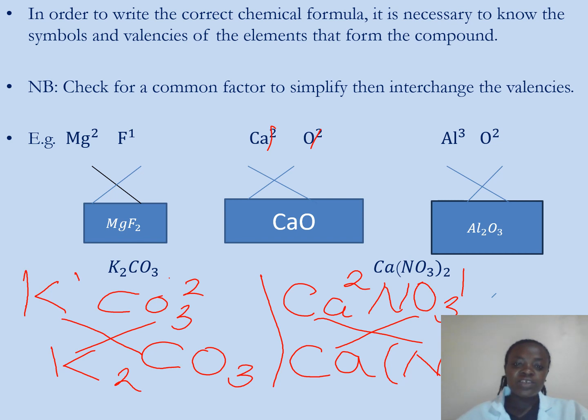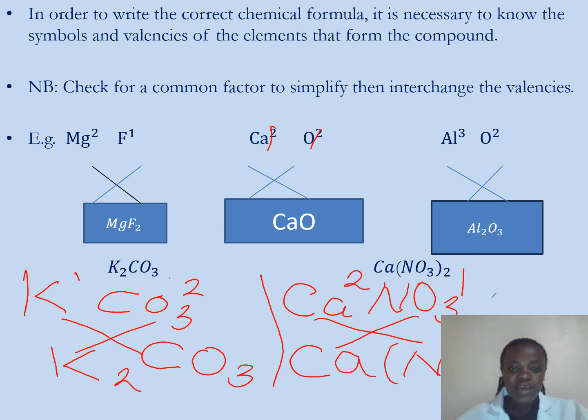For magnesium and fluorine, there's valence 2 and valence 1. Here we don't have a common factor, so we just interchange these valences. The valence of magnesium, which is 2, will go down to where fluorine is, and that of fluorine, which is 1, will come where magnesium is.